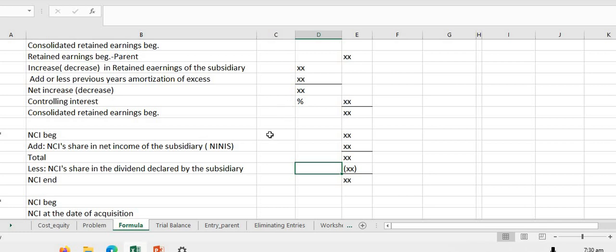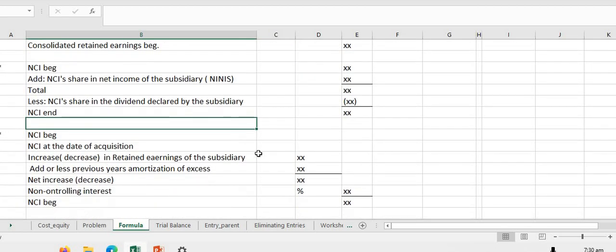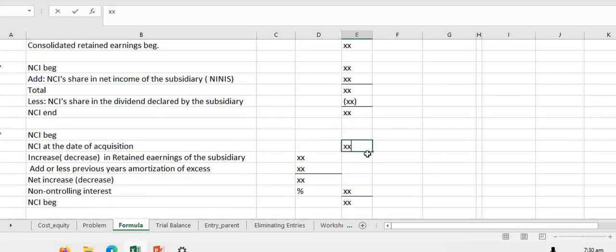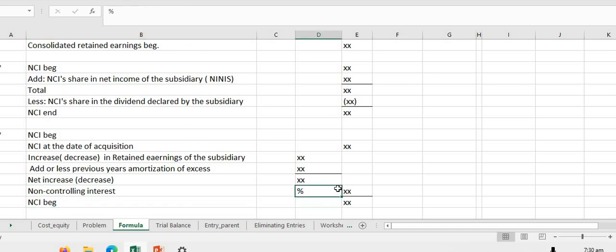Okay? So, same thing, if hindi given yung NCI beginning, it's actually the NCI at the date of acquisition, then kunin natin yung increase or decrease in retained earnings of the subsidiary, less or add amortization of excess, then i-multiply natin sa non-controlling interest percentage. Then, to get the NCI's share in the net increase or decrease in the retained earnings of the subsidiary.